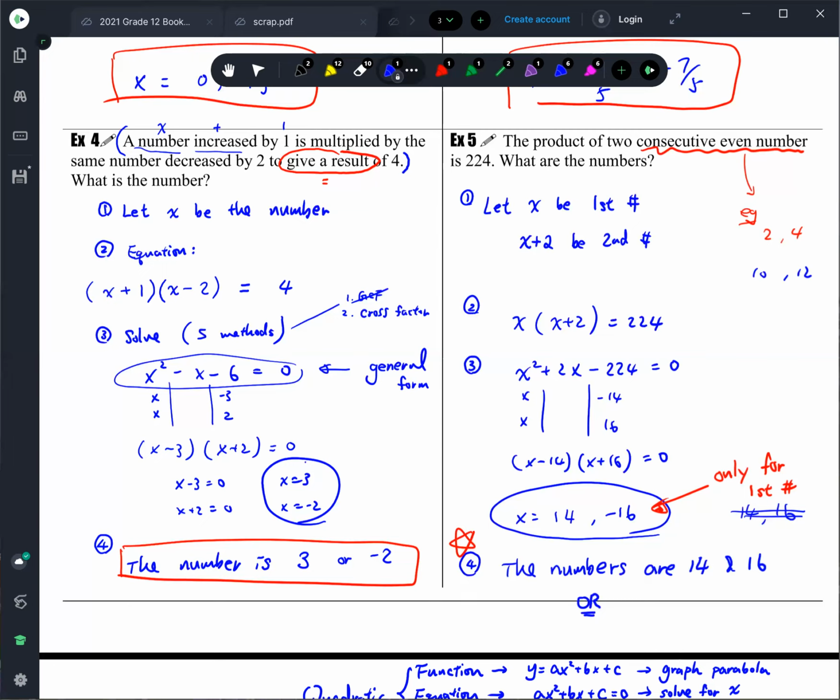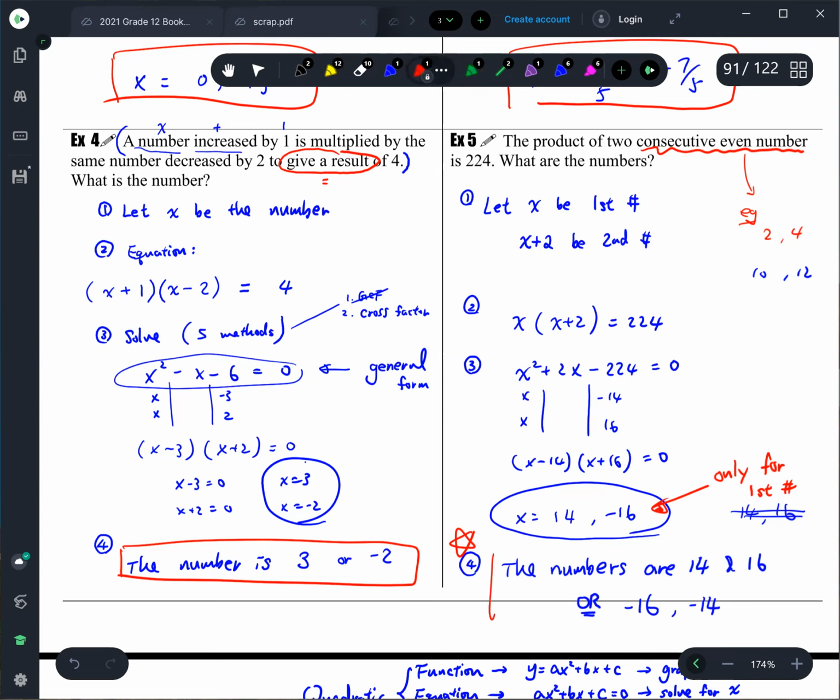So even though you get two answers for x, they are not the two numbers that you are looking for. They only represent the first number of each answer, okay? It'll be first number is negative 16, second number you need to add 2, so negative 14. So be very careful, okay, for how to write a sentence.